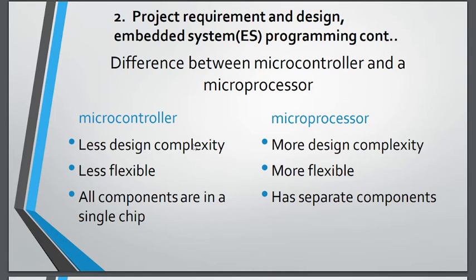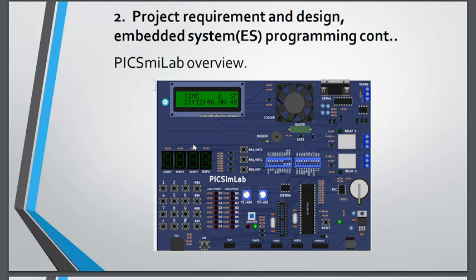Now, what is the difference between a microcontroller and a microprocessor? Microcontrollers have less design complexity, while microprocessors have more design complexity. Microcontrollers are less flexible, and all components are in one chip, while microprocessors are more flexible and have separate components.